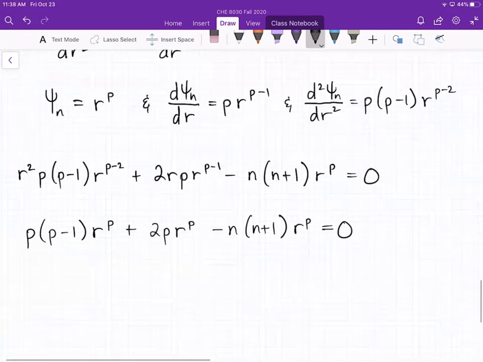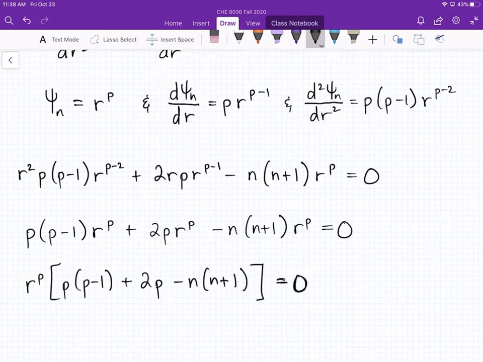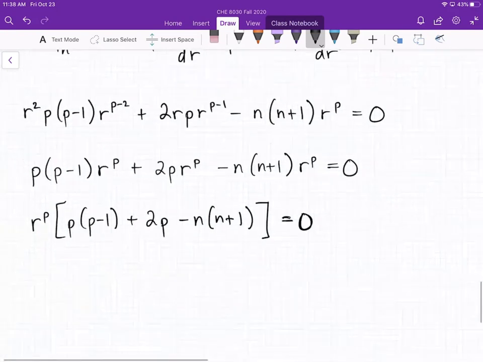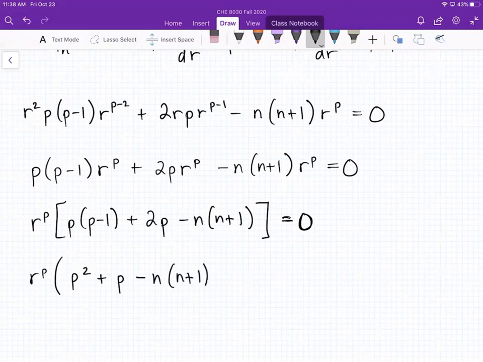I can factor out r to the p, and then simplify that down one more time. So I should end up here with this equation.